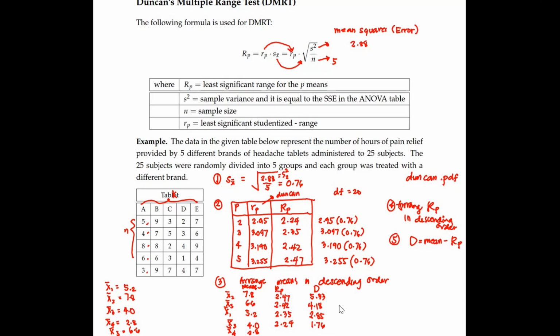Okay, so we will give each D a code here. So let's try small letter A, letter B, letter C, and letter D. Code lang ni siya ha, para later mabala na to kinsa ang significantly different with the other and not significantly different.